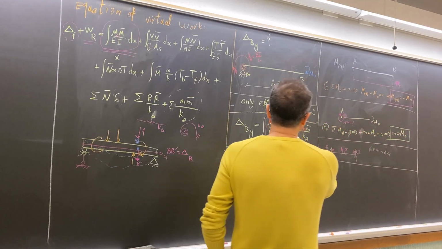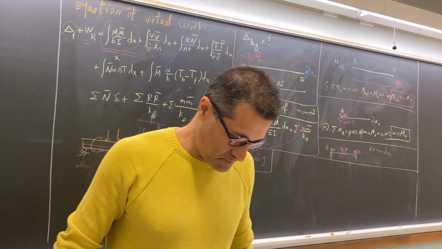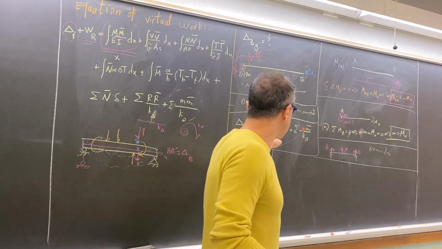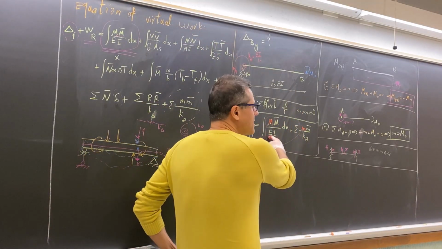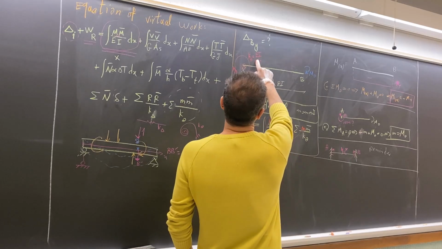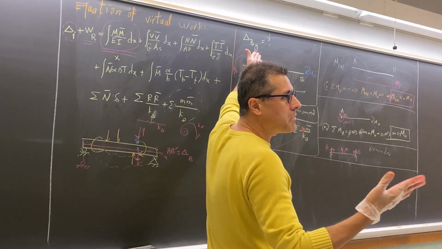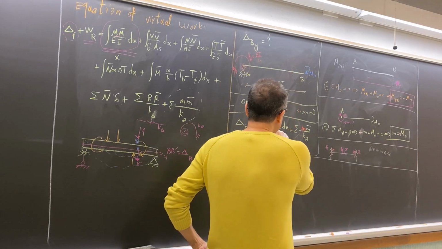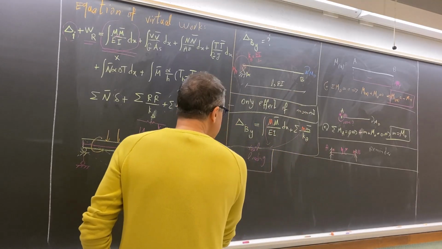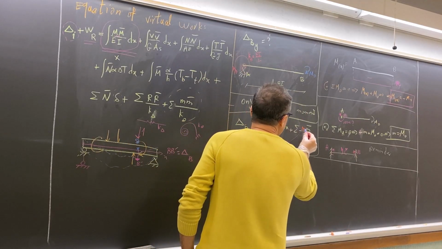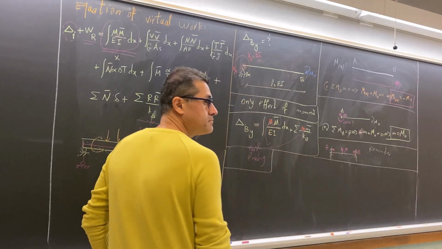We found these two in red. Any questions so far? And of course, EI is just EI, K theta is given. It could be a number. Okay, so the issue is these two in red, and later these two in blue. We will find them.